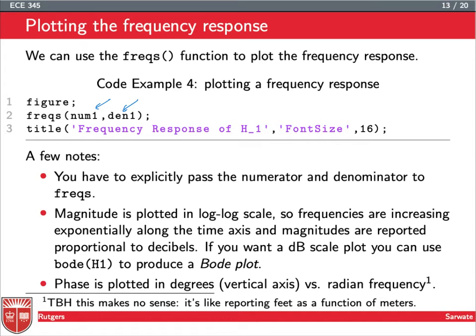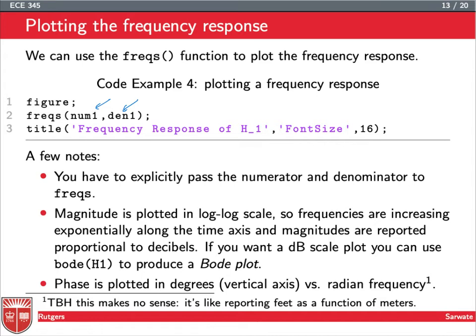And if you wanted a dB scale, because dB scale is also log scale, you can use bode of H1, using the system object this time, to produce a Bode plot. You hopefully have seen something like these before, but this is how you get it in MATLAB.